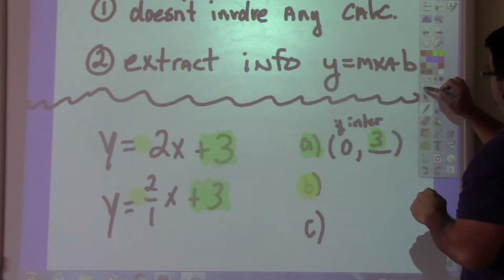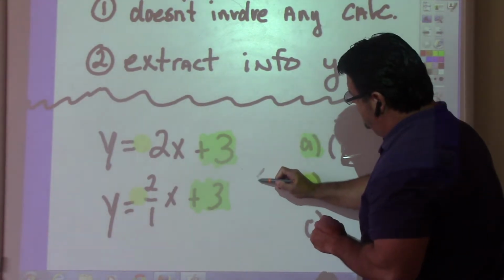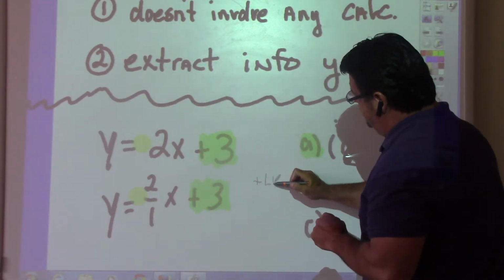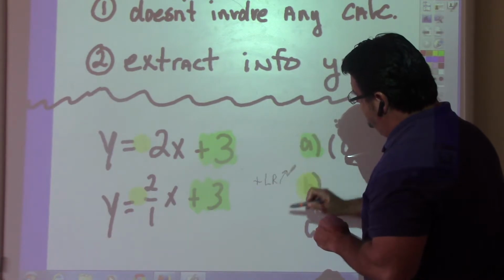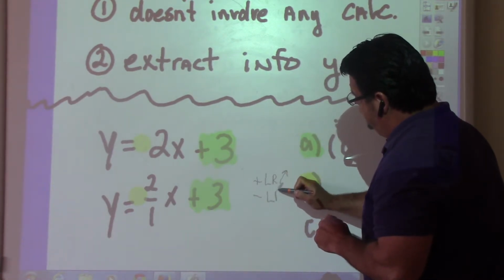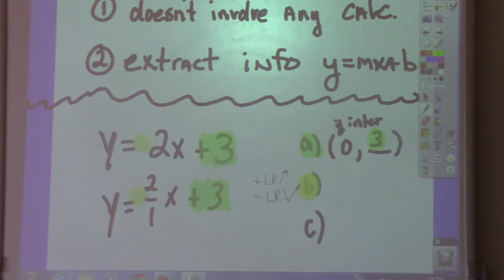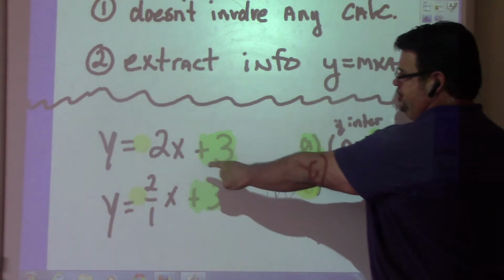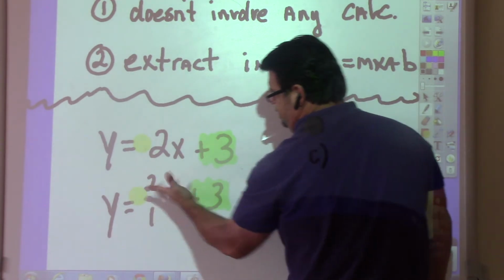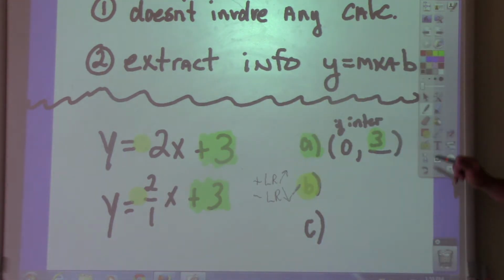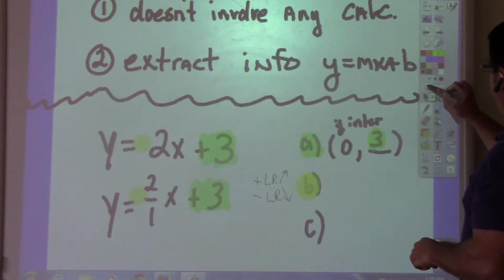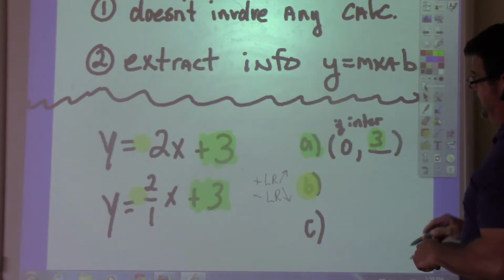I'm going to put a little note beside this. I'm going to say positive is left to right, up, and negative is left to right, what? Down. So, this 2 right here, is it positive or negative? It's positive. If nothing's there, it is assumed to be positive 1.